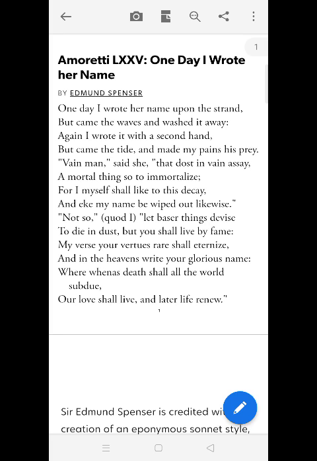She calls him vain man for just trying to overcome the unattainable deed, to make the mortal immortal. So this has been expressed by the speaker here.